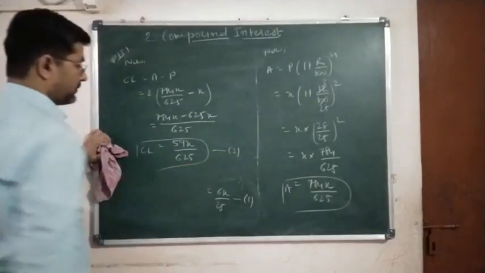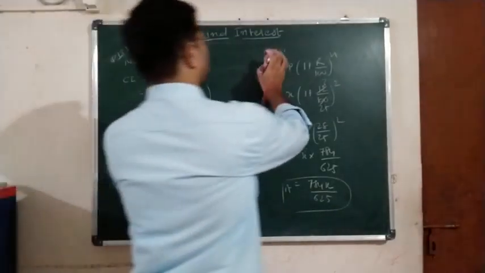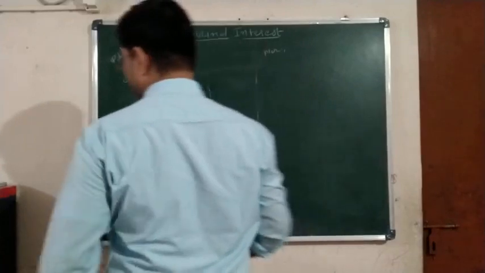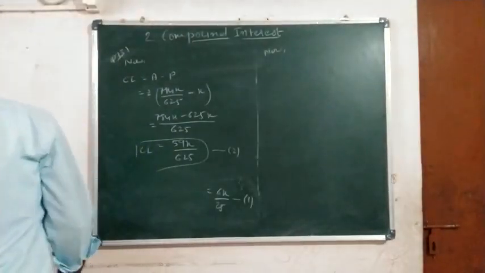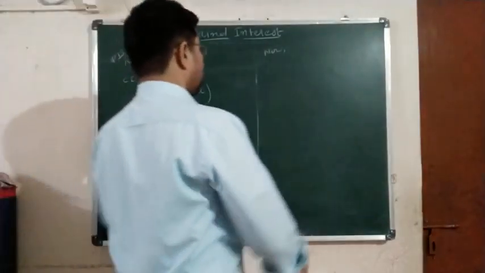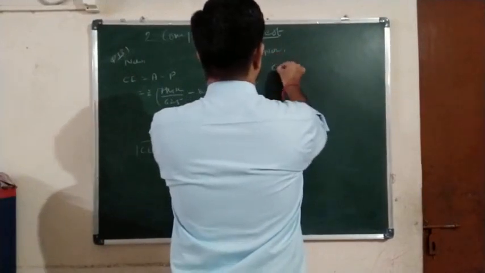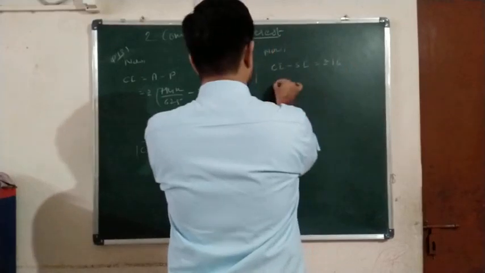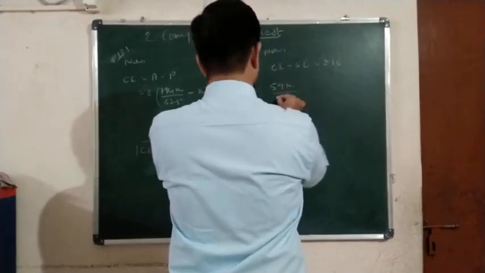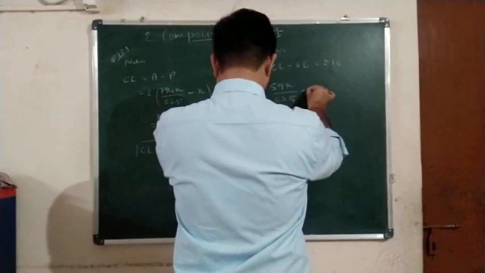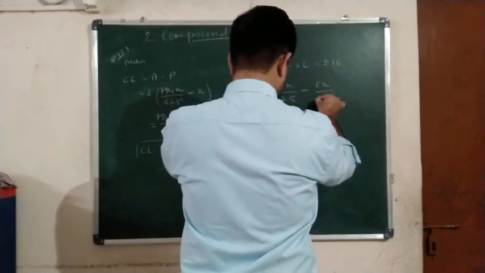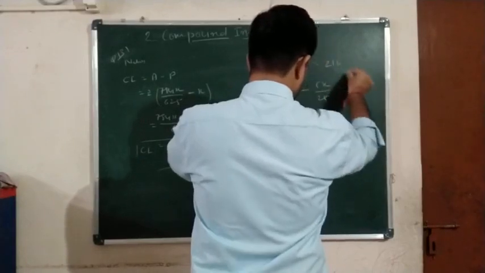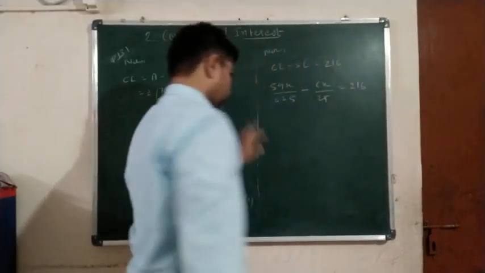Now we'll find out the difference. The difference between CI and SI is given to be 216. Now CI minus SI is equal to 216. So 159x upon 625 minus 6x upon 25 is equal to 216.